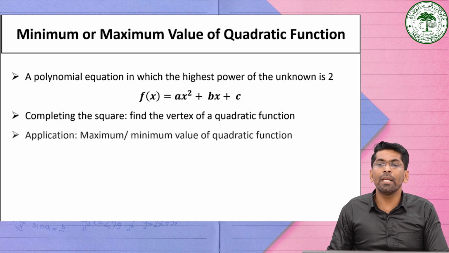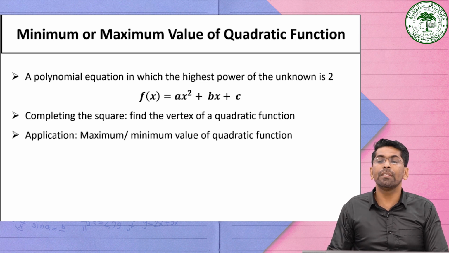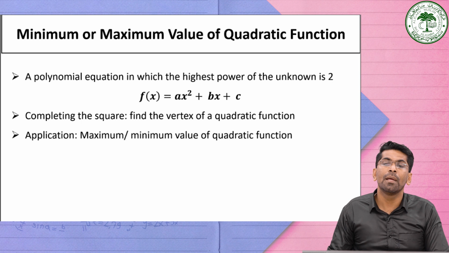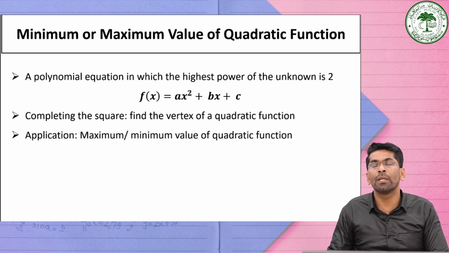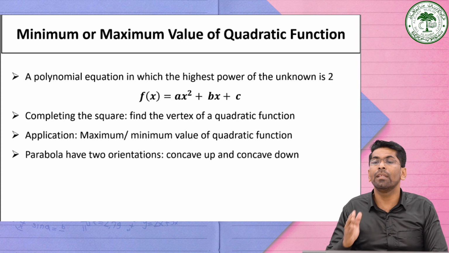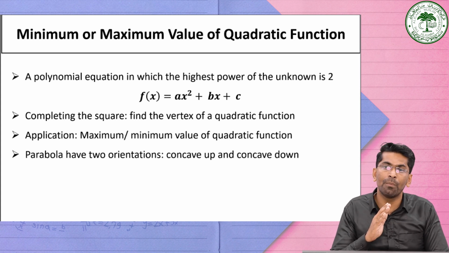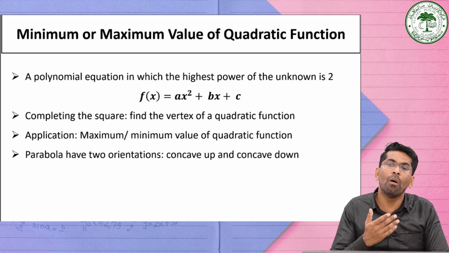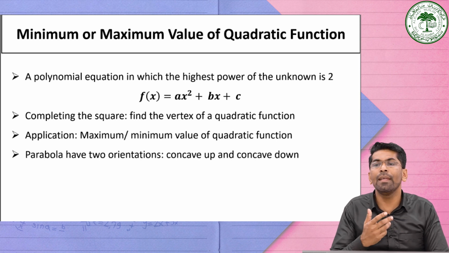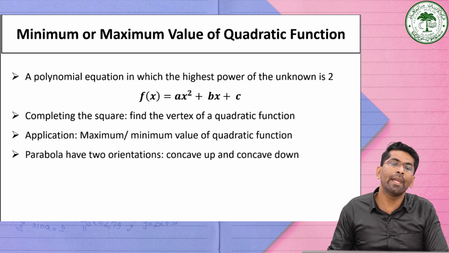One of the important applications of completing the square is to find the maximum or minimum value of a quadratic function. The graph of this function, which we also drew in the last lecture, is generally the shape of a parabola. The orientation of the parabola, upward or downward, depends entirely on the sign of the coefficient of x², that is, the sign of a.